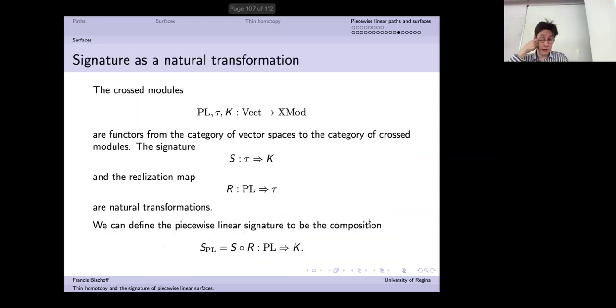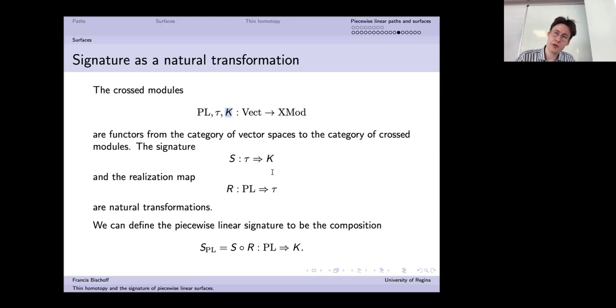Okay, so let me just summarize now. So we have now these three crossed modules, this PL, this crossed module of smooth surfaces, and then this formal crossed module, this sort of crossed module of formal surfaces. And these are all functors from the category of vector spaces to the category of crossed modules.